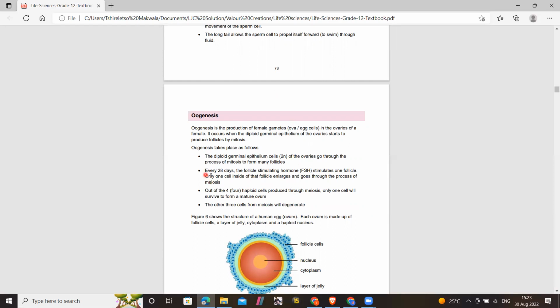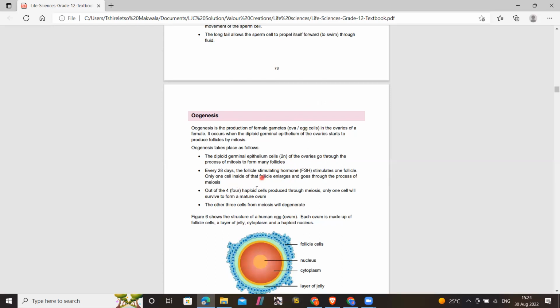And then after every 28 days, the follicle stimulating hormone will stimulate one follicle. Now, do you see these follicles? These follicles are basically an earlier version of the gametes, because this thing must be changed into an egg cell.